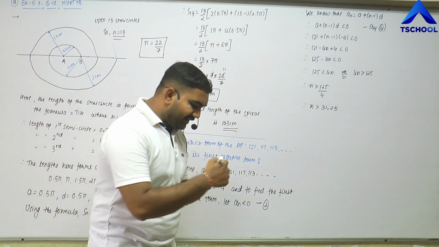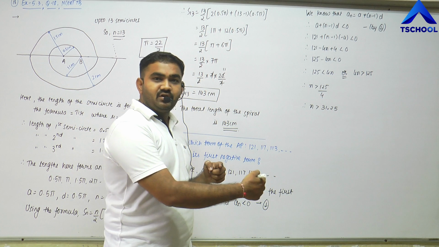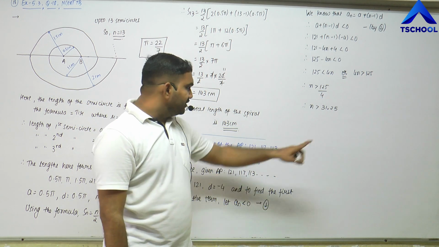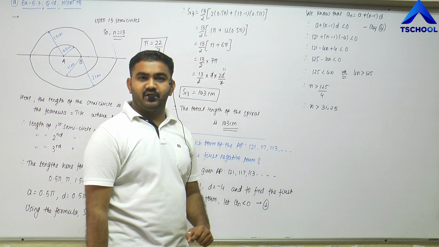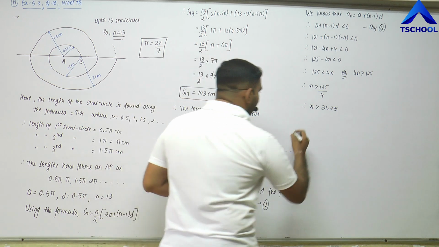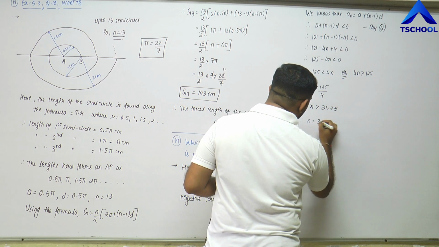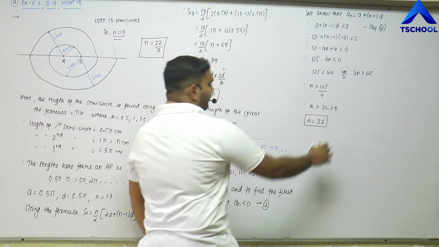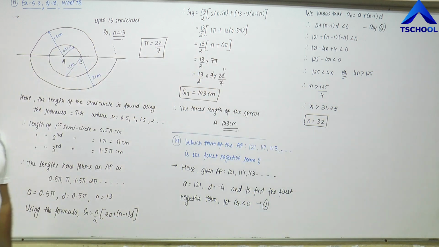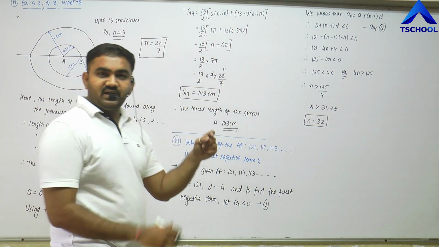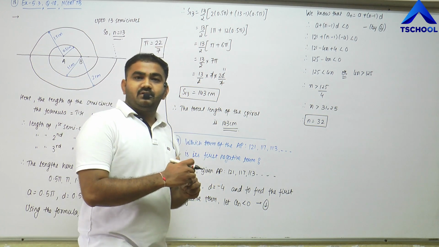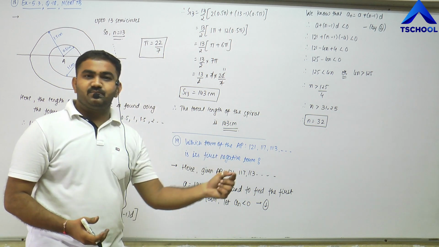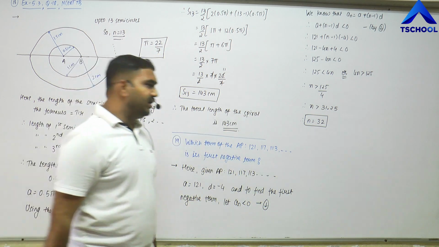That means the next consecutive positive integer that comes exactly after this decimal number is 32. Therefore n equals 32 is our valid answer, because we know that the value of n is greater than 31.25, and the valid proper answer is the next positive integer after 31.25.